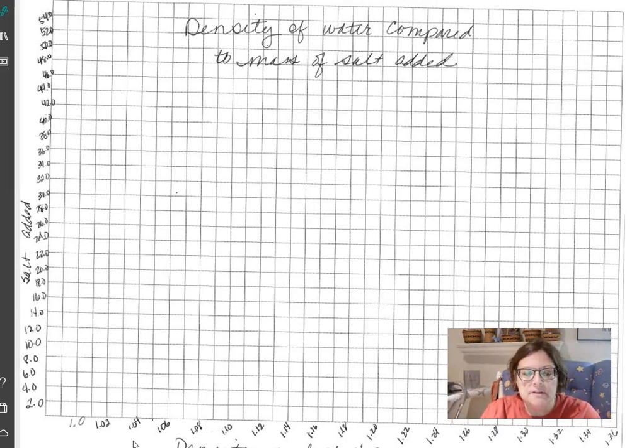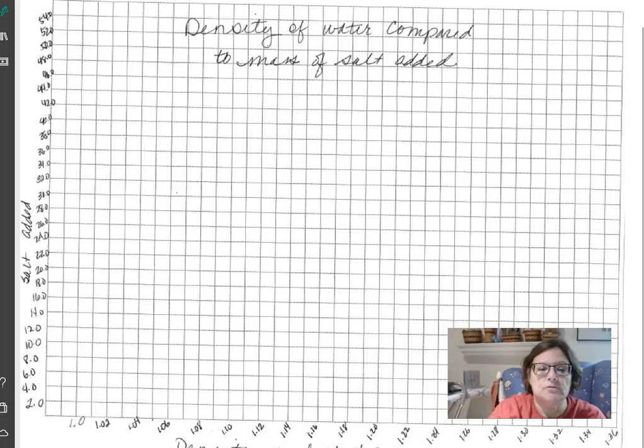The bottom is the density of the salt water, and going up the side we have the amount of salt added. I'm going to do some math right here. We'll just erase it when we're done. I added 2 grams of salt to my 100.0 milliliters of water, which has a mass of 100 grams.